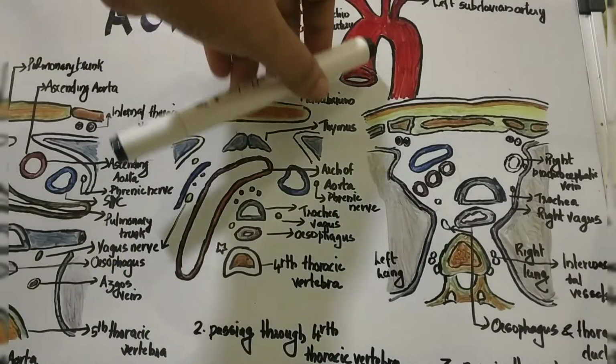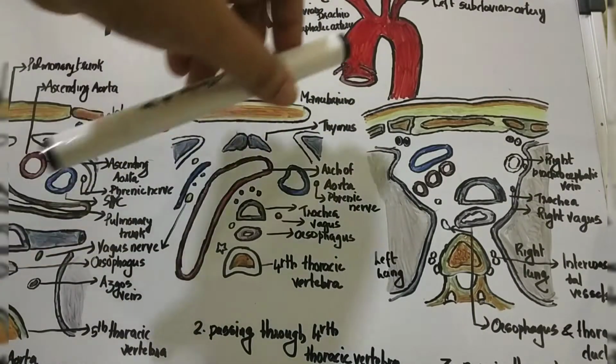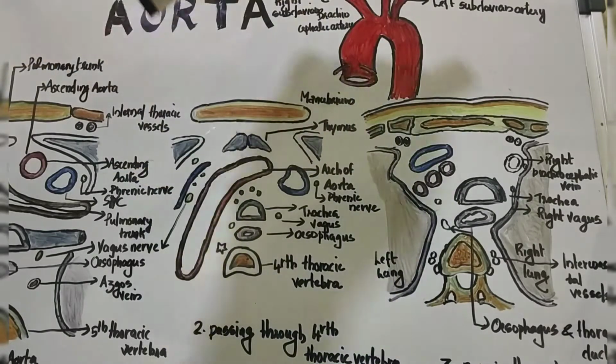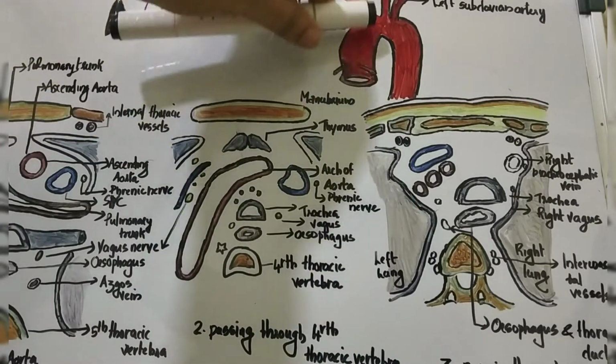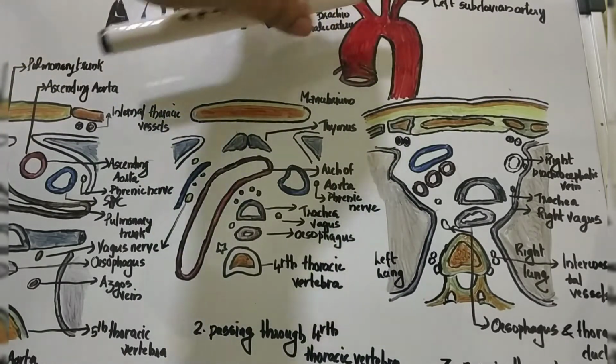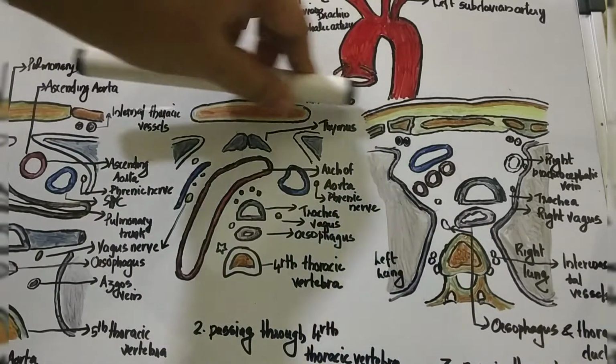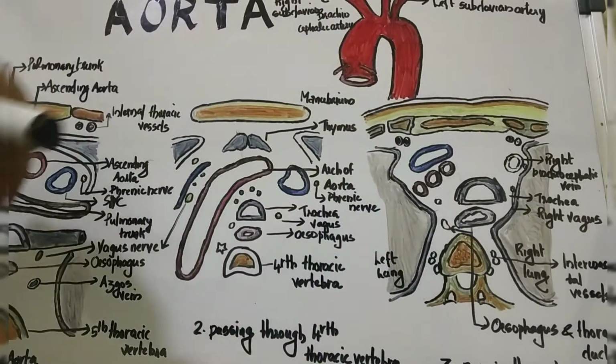First, we will discuss the ascending aorta. We all know that it arises from the upper end of the left ventricle and then it moves upwards. It is about 5 cm long and it is enclosed within the pericardium.